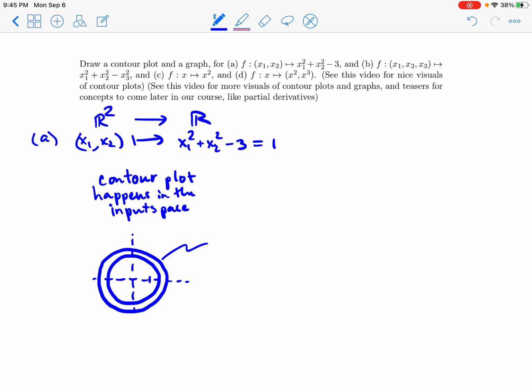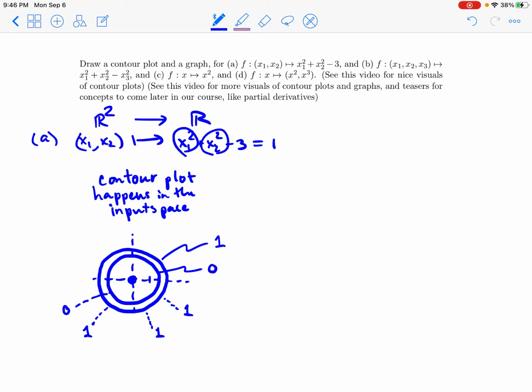So I'm going to label this. This is the preimage of 1, whereas this circle is the preimage of 0. And actually, I sort of visualize like there's a 1 hovering above every point on this circle, whereas every point on this circle has a 0 hovering above it.